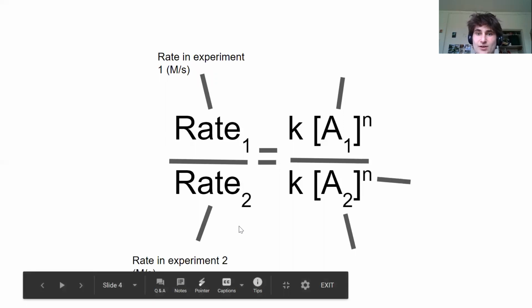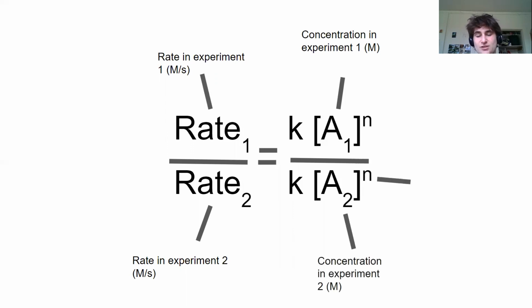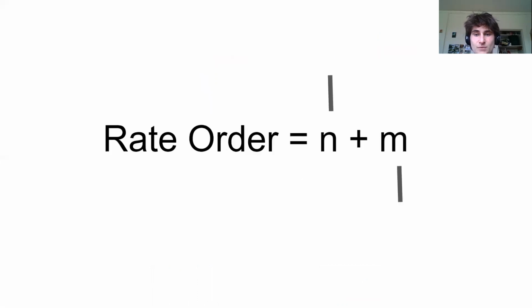And then we're going to use the corresponding concentration of the changing reactant, which is going to be the concentration in the experiment 1 for A for the top, and over the concentration in the other experiment at the bottom. And we're going to put that to N, which is going to be the rate order for reactant 1. And finally, to find the rate order, we're going to add N and M.